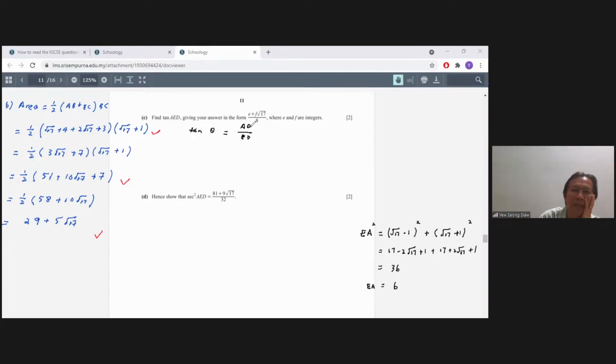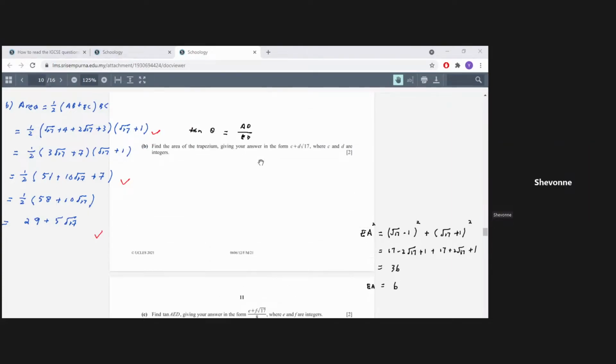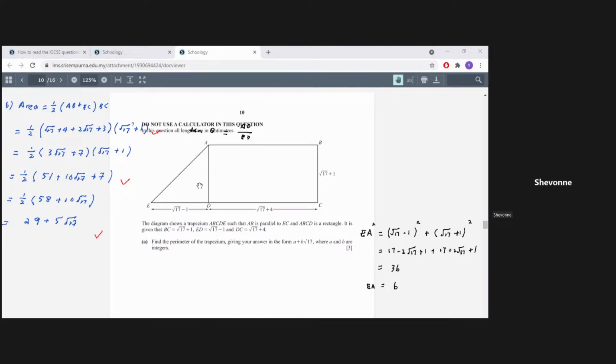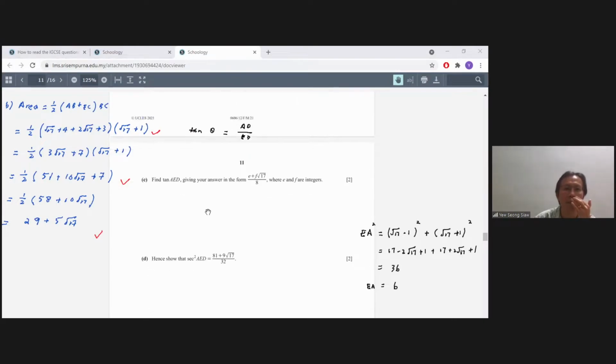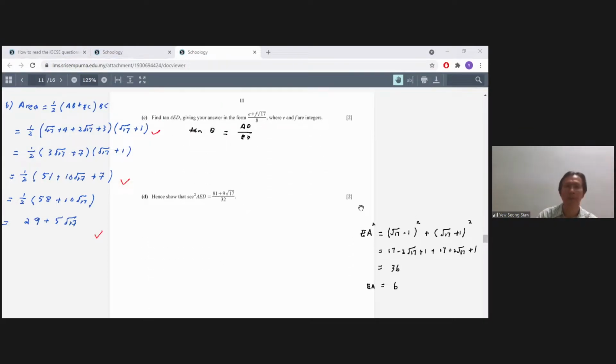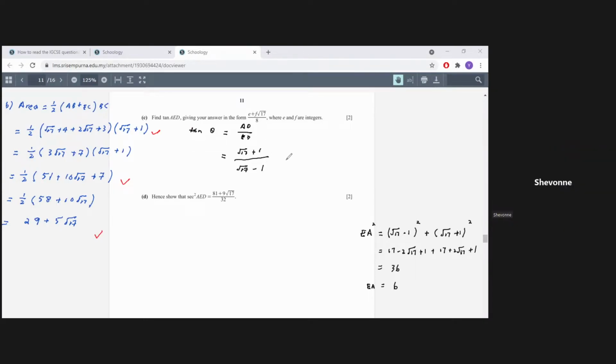You cannot see the diagram, is it? So it's surd 17 plus 1 over surd 17 minus 1. Yeah, surd 17 plus 1, surd 17 minus 1. So surd 17 plus 1 over surd 17 minus 1. So how do you change it? From times surd 17 plus 1.